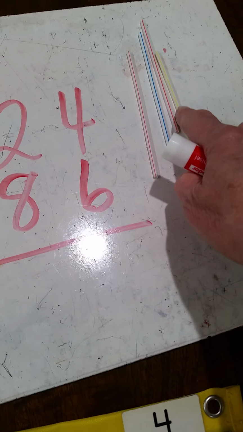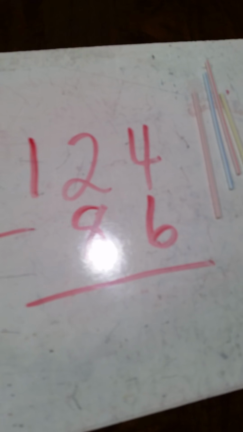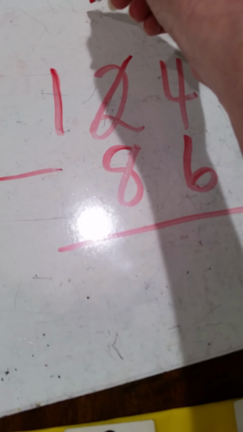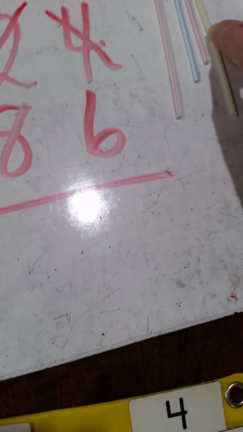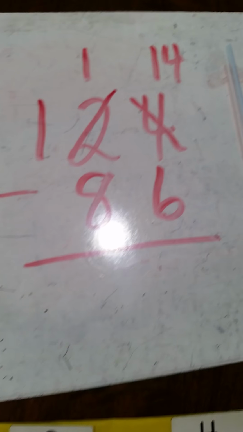No, I've only got 4. So I'm going to borrow a 10. That leaves me only 1 10. And now I have 10, 11, 12, 13, 14 ones. So now I have enough to take away 6.